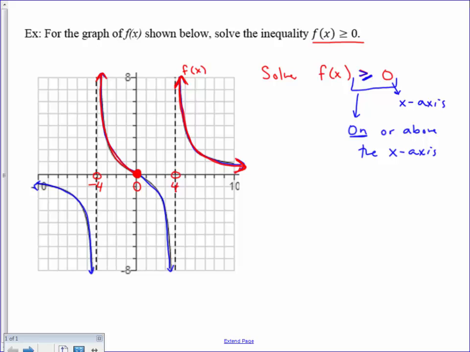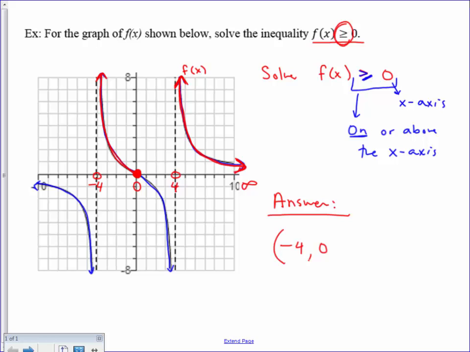Okay, and so here our answer would end up being an x interval always. We would start at -4, we would go to 0. Now I want to talk about the endpoints here. Because -4 is not a part of the domain, even though the symbol that I have up here is greater than or equal, you cannot include the -4.